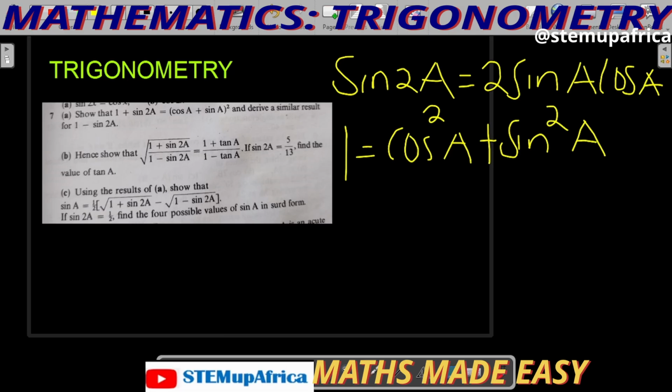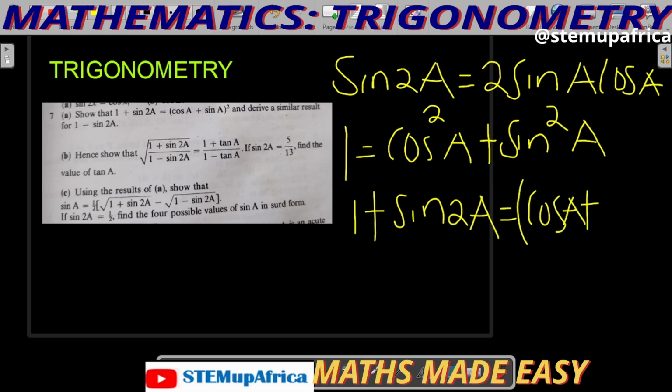So we are asked to prove that 1 plus sine 2a is equal to cos a plus sine a all squared. Let's try to prove this now. In place of 1, I will replace it with cos square a plus sine square a. In place of sine 2a, I will replace it with 2 sine a cos a. Let's see what we have if we do that.